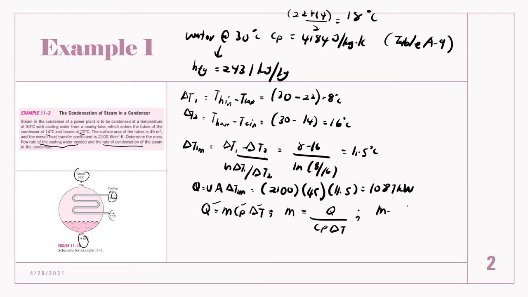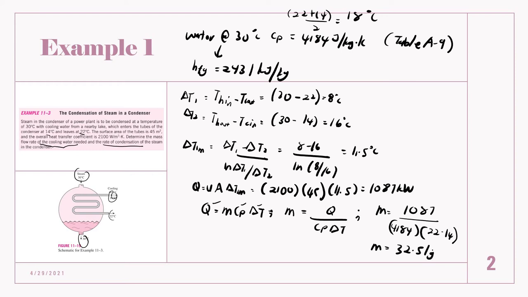So m is equal to 1087 over Cp 4184 times delta T, 22 minus 14.